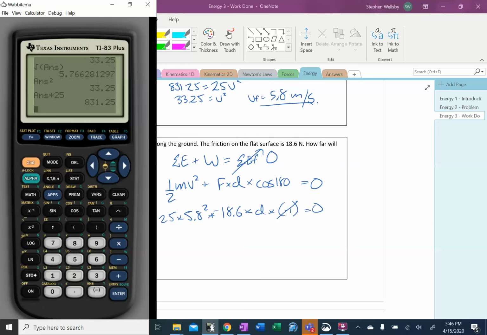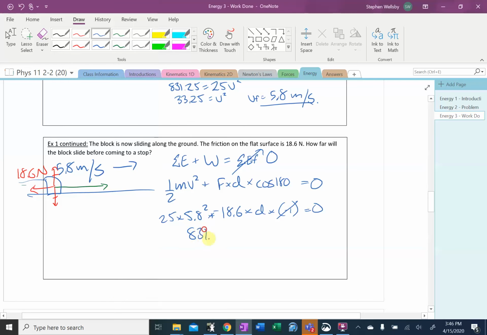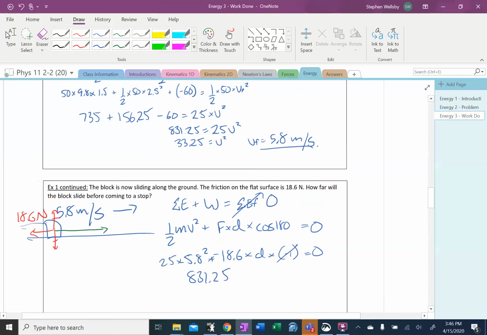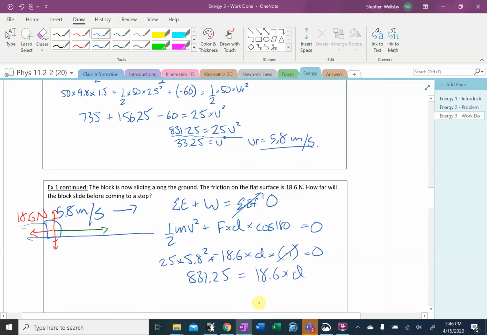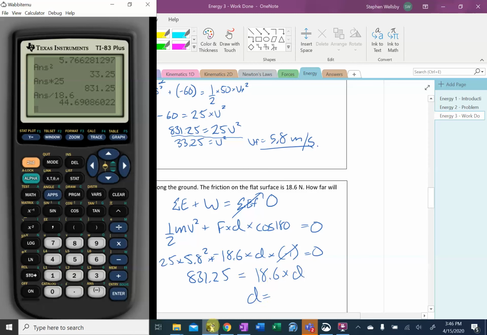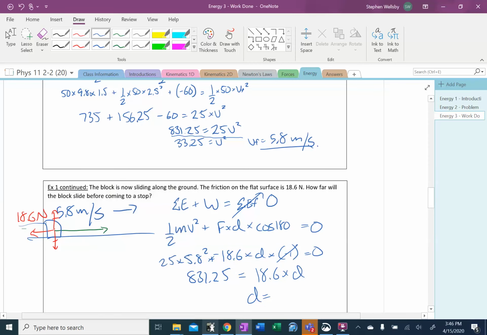So that's going to be 831.25. I think we already had that before. 831.25 is 1/2 mv squared. That's going to equal our force times distance, or our work done. So this is going to equal 18.6 times the distance. Let's divide both sides by 18.6, and the distance is going to be 45 meters.